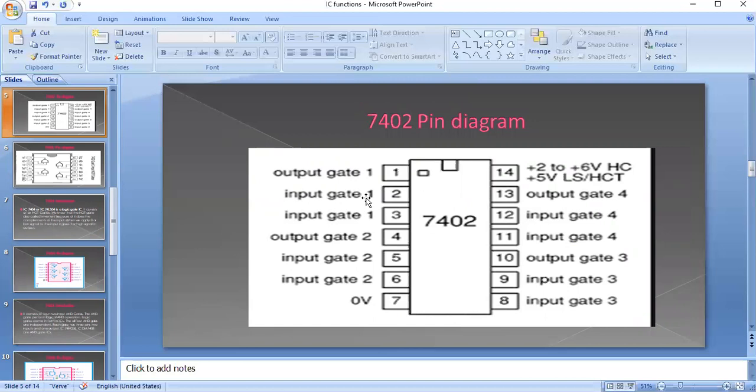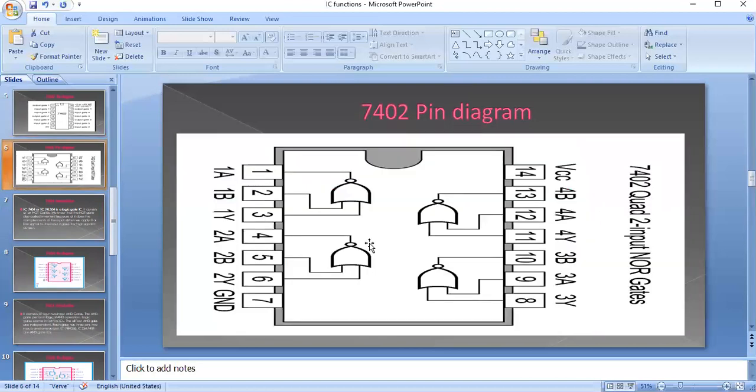If we give inputs to the second and third pins, we take the output at the first pin. If we give inputs to the 5th and 6th pins, we take the output at the 4th pin. So 7402 is a quad 2 input NOR gate. This package is called a dual inline package.